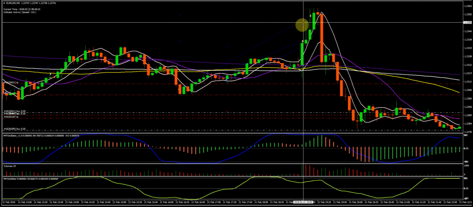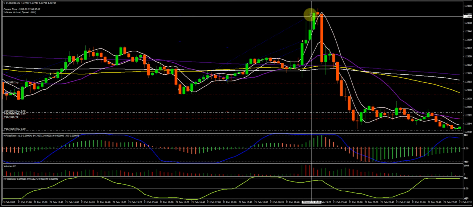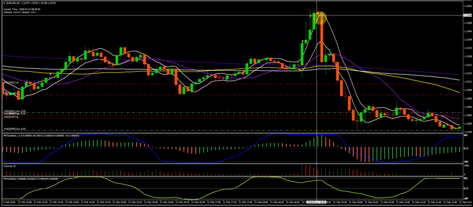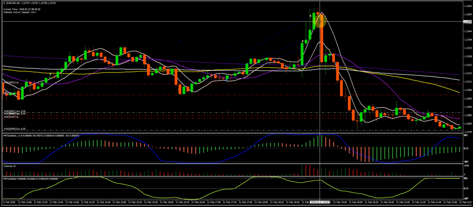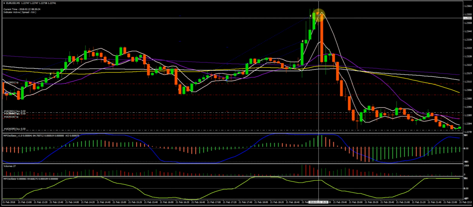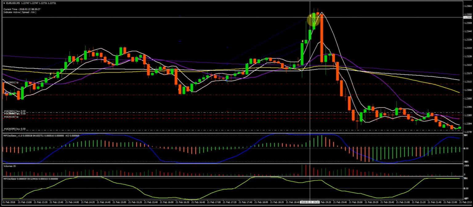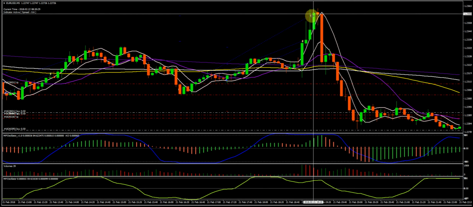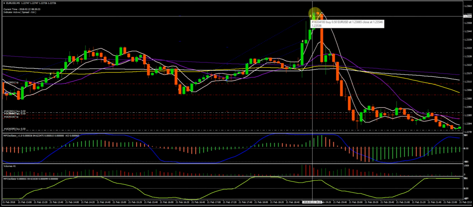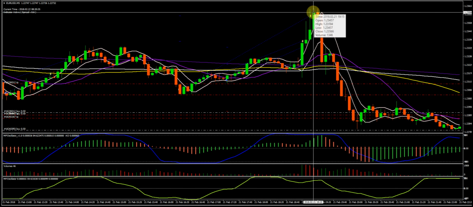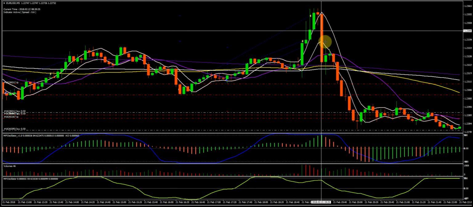But just looking at it, I was quite surprised because I was having my tea, and I looked back at the charts and I was like, well, what's happened to my euro dollar trade? And luckily to hit the target price, you can see that it went through to be fair on a few of these candles, so it was pretty safe with that. But then it just came off.